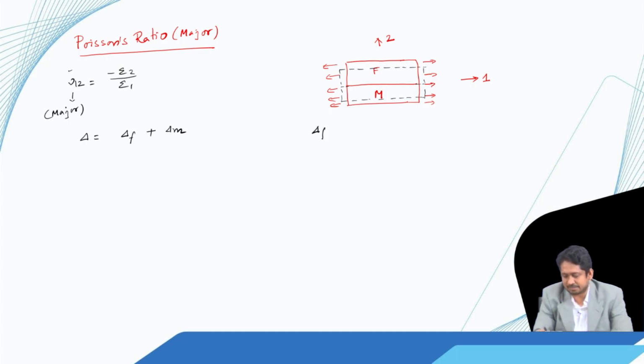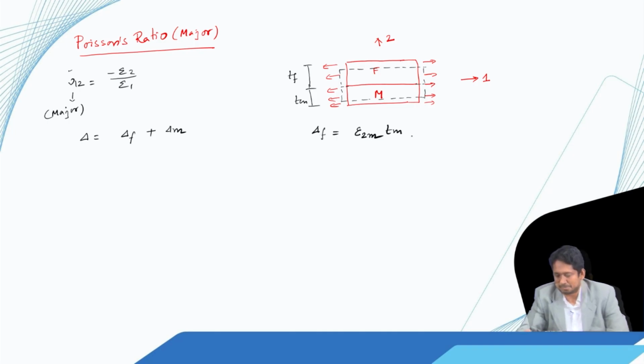So, change in length in the matrix part can be denoted as epsilon 2 m multiplied by T m. That means, this dimension T m is the width of the matrix part, and T f is the width of the fiber part. So, delta m is epsilon 2 m multiplied by T m.